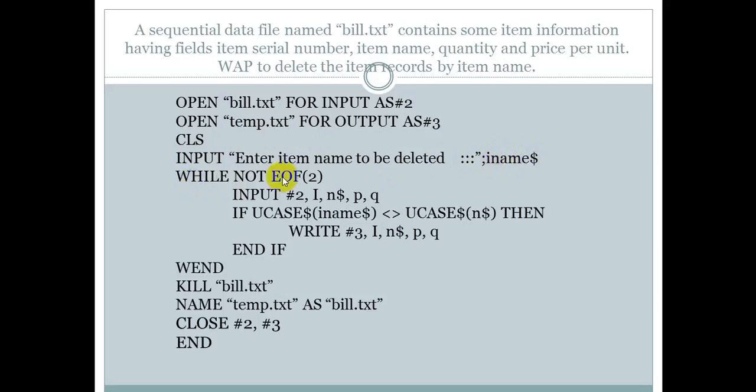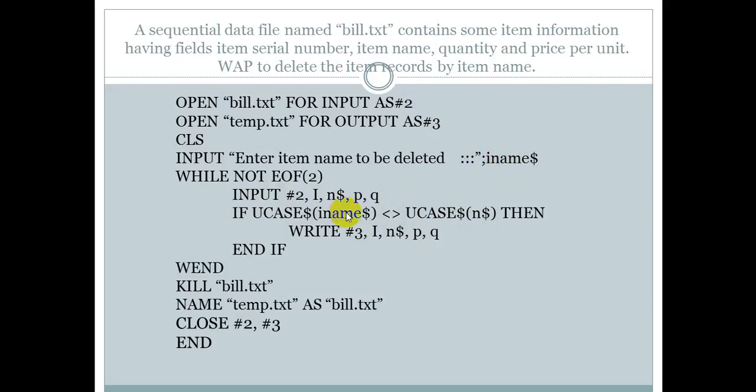Now while not EOF(2), we should read the content with input #2, which means we have to read the content from bill.txt because the file number is 2. The IF statement is used to delete the records. For example, suppose the item name$ variable stores laptop.